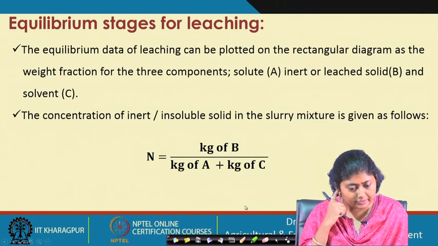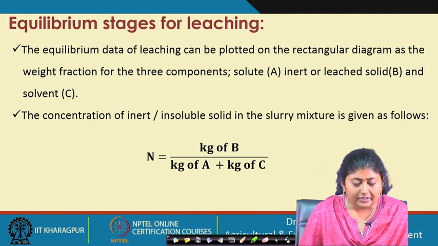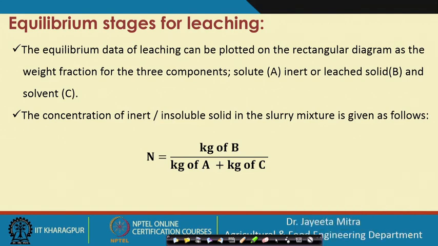So, considering equilibrium stages for leaching, the equilibrium data of leaching can be plotted on a rectangular diagram as the weight fraction of the three components. We have three components basically.